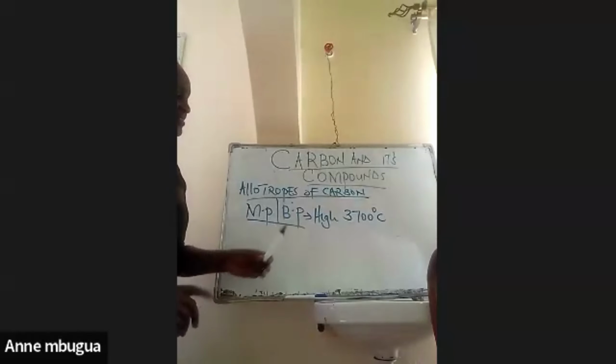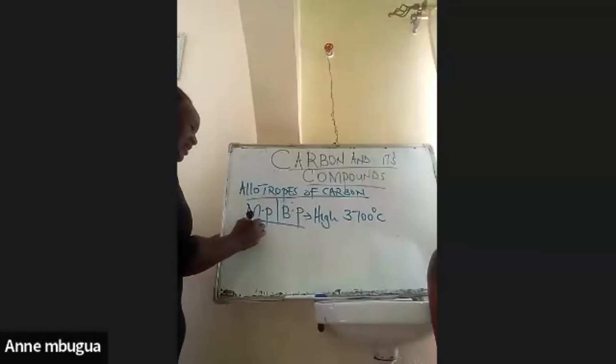Again, the examiner will ask you, in terms of structure and bonding, explain the high melting point and the high boiling point of diamond. And this is the expected response: the high melting point is due to the strong covalent bonds in the giant atomic structure.